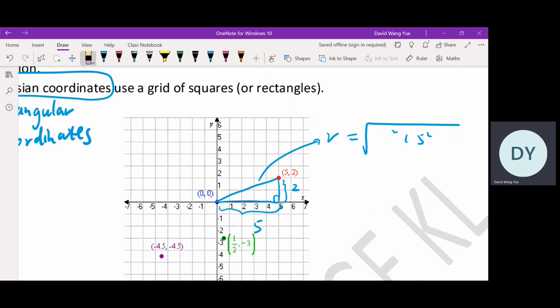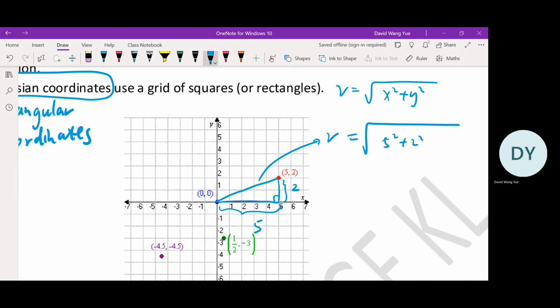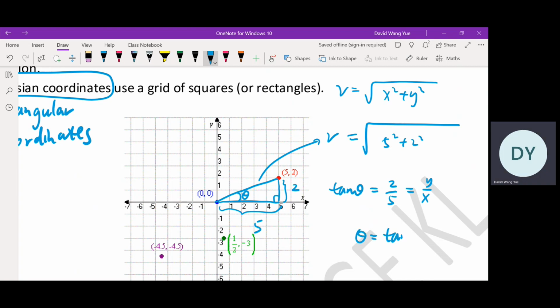Or usually we write x first, so it's 5 squared plus 2 squared. That's why the radius is always equal to the square root of x squared plus y squared. And then when it comes to theta, we could use sine, cosine, or tangent. For example, if I use tangent theta, that should be 2/5, which is y/x. Therefore, the angle is tangent inverse y/x.